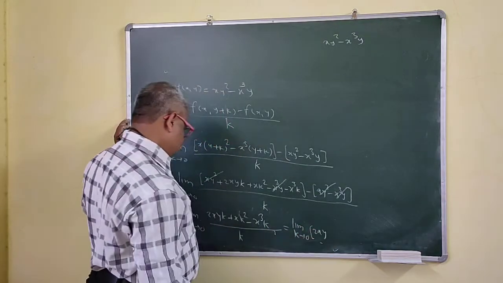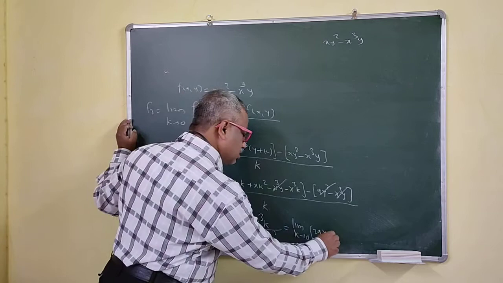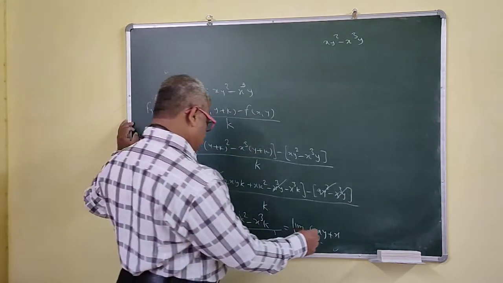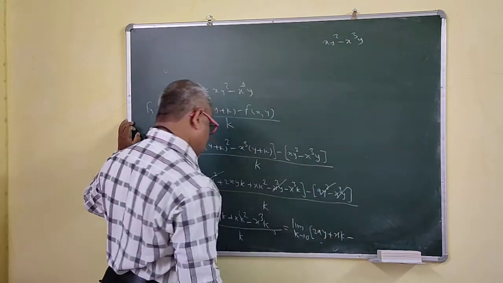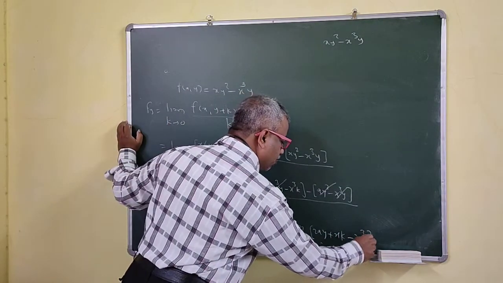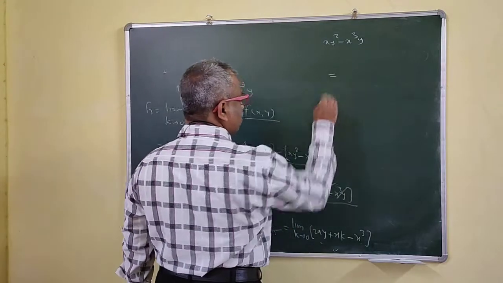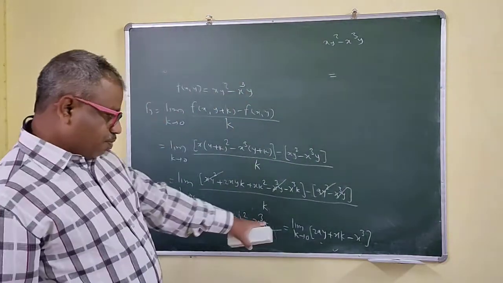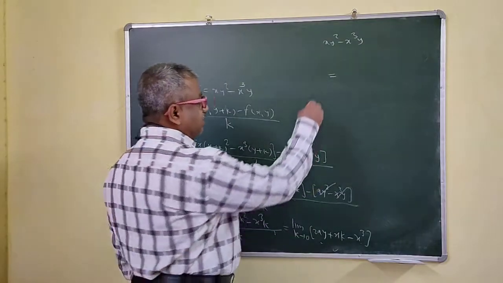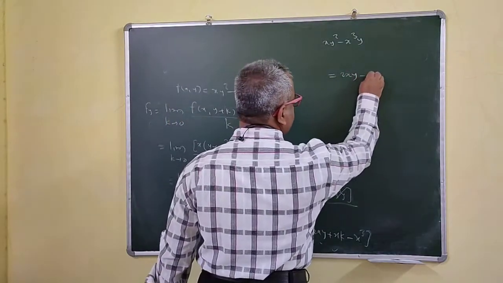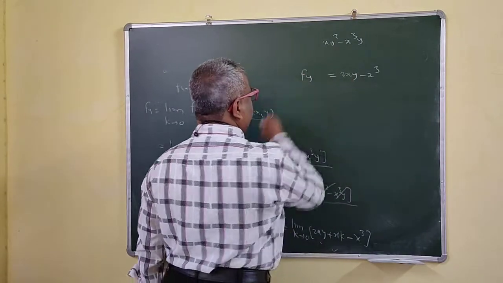Twice xy plus xk minus x cube, right? And this is equal to, if you put k equal to 0 now, twice xy minus x cube, right? So this is your fy.